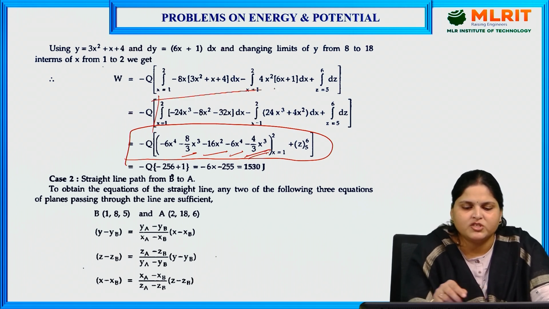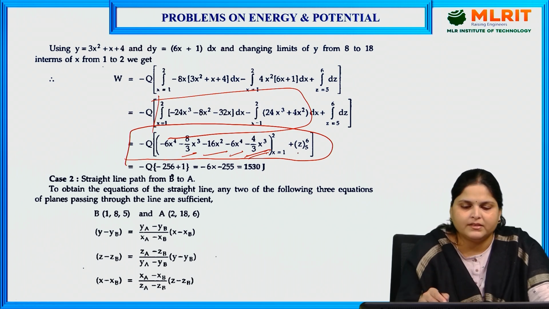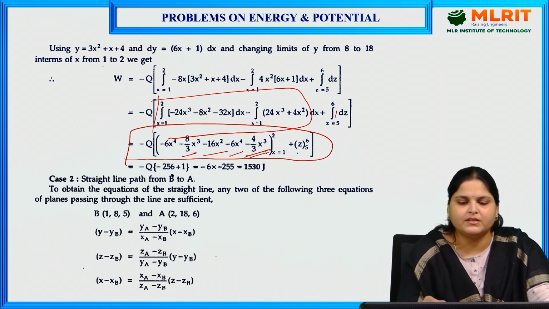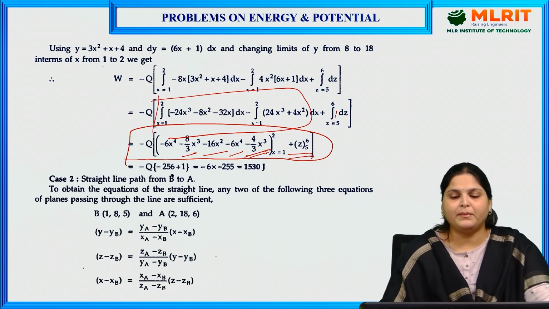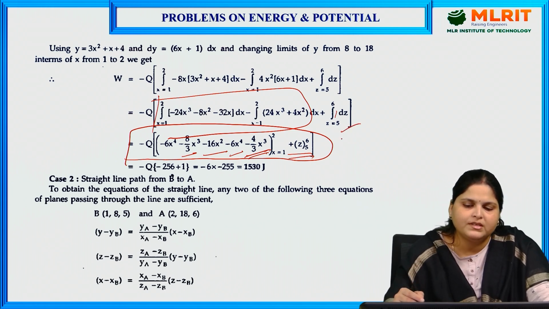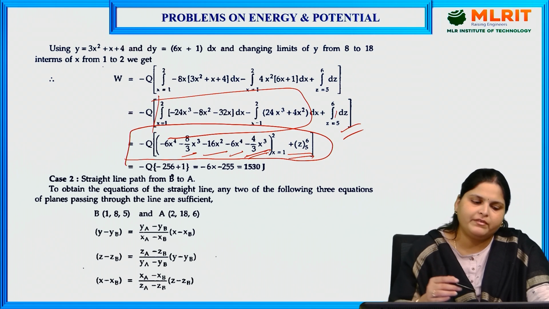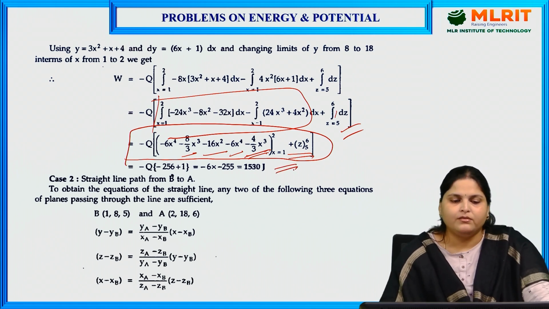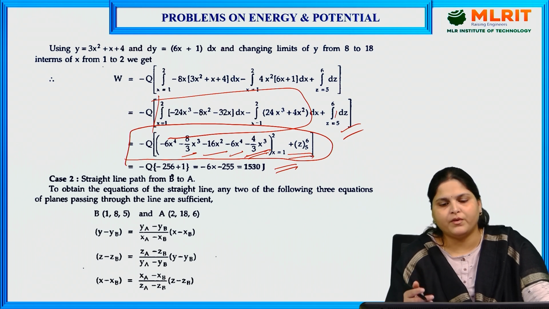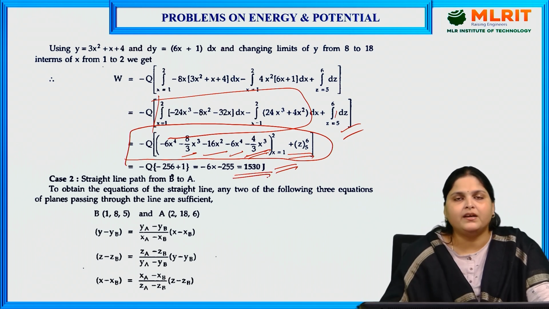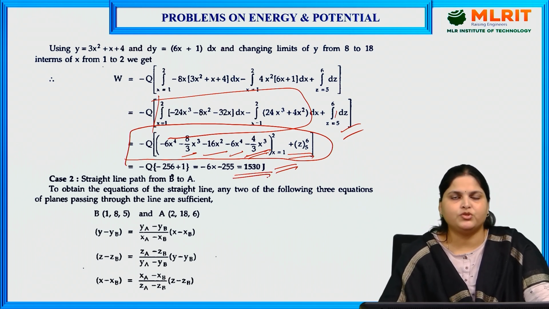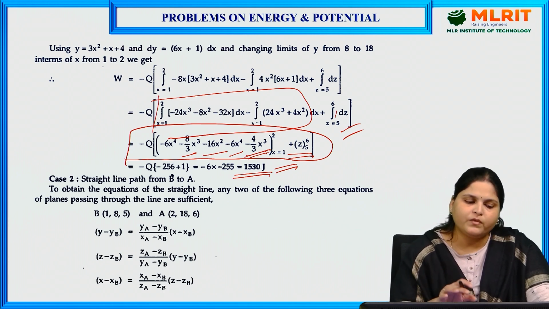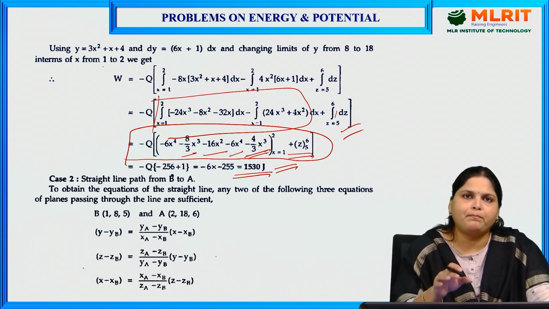Basically, we are merging these two. And this, because integration is with respect to z and only constant 1 is there, will become z, and the limit is from 5 to 6. When we further simplify it, we will get the value of W or work done equal to 1530 joules. This was case 1 when we are using the path in this question.